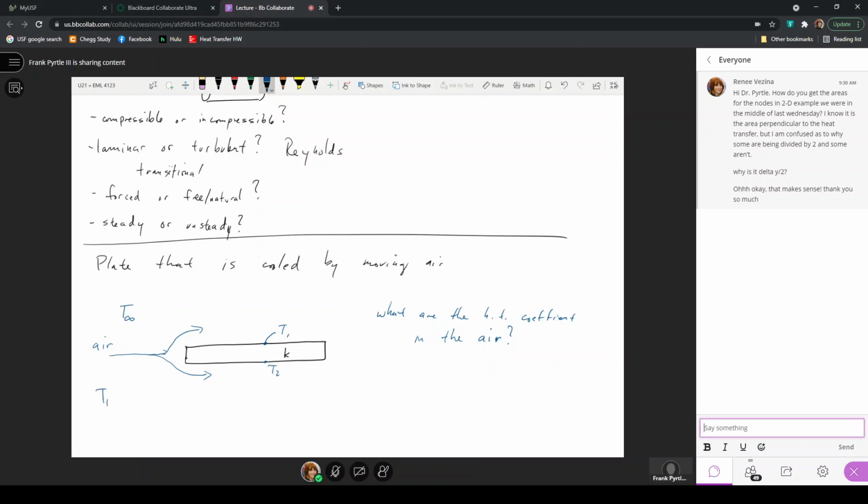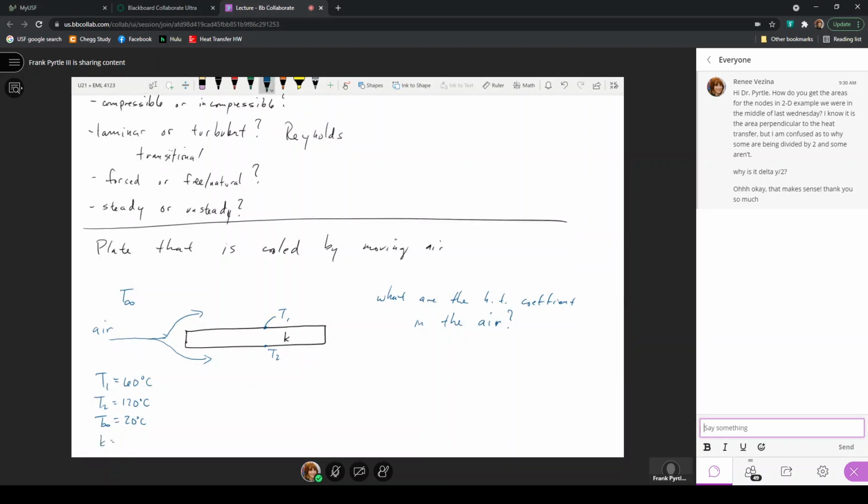So I'll say here that T1, the temperature on the top of the plate, is 60 degrees and T2 is 120 degrees. The temperature of the fluid is 20 degrees and the thermal conductivity of the plate is 200 watts per meter Kelvin.